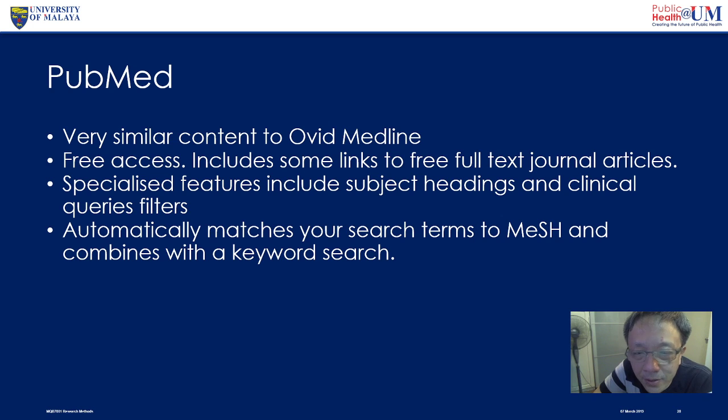It's free access, includes some links to free full-text journal articles, and has specialized features including subject headings and clinical queries. It automatically matches your search term with MeSH terms, medical subject headings. I'll confirm that later on review. These are combined with a keyword search.